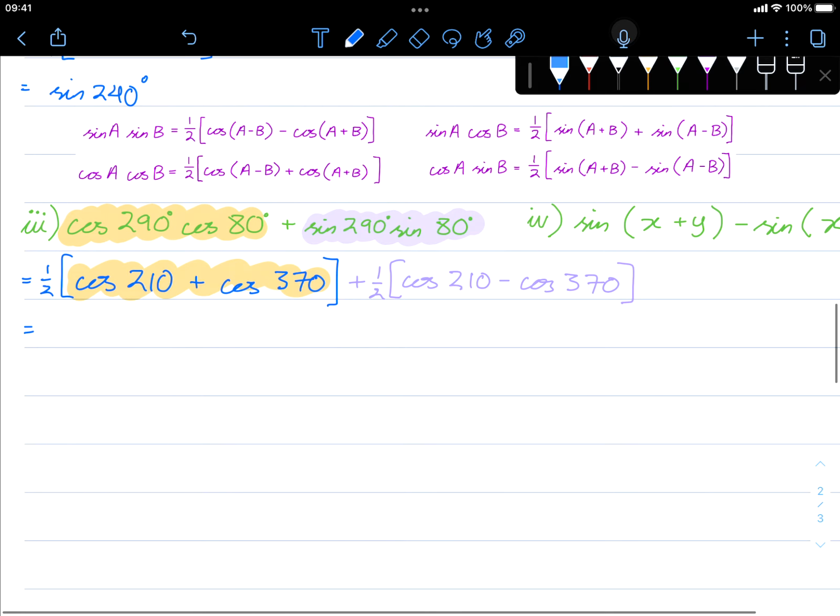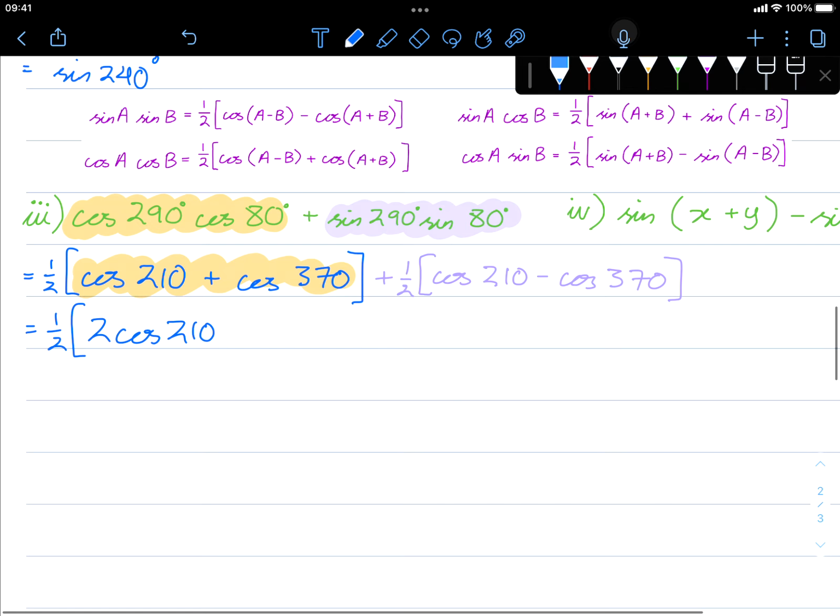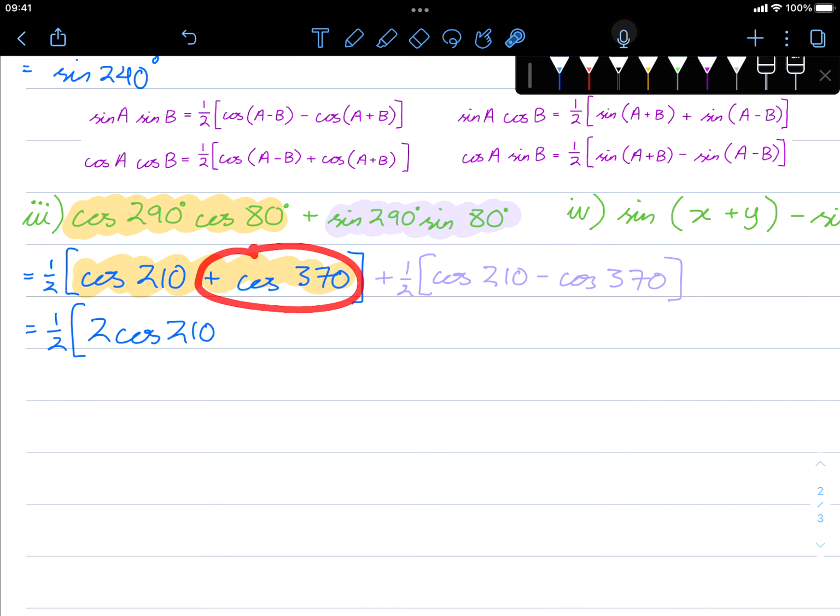From here, I hope you can see we can factor out the half, which will give me cos 210 plus cos 210. That's 2 lots of cos 210. Positive 370 plus minus 370. So these two actually will cancel with one another.